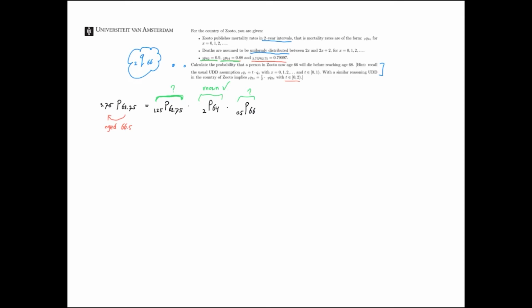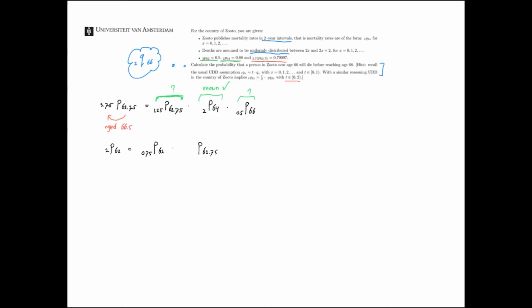So perhaps we can write this first probability as a product, as we did before. So what I mean is this: if we can rewrite this somehow as a product of probabilities, so we are age 62, and we can reach an age in between, something that we want to know, namely this one, because then we attain the age of 62.75, and we only need to write down what is left.